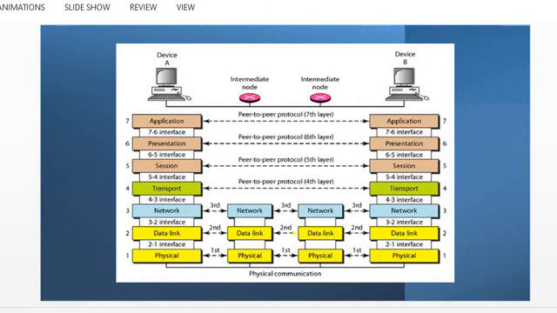And if you look in this diagram, you realize that at the physical layer here, device A here sends a stream of bits to device B through the intermediate nodes that are available there.